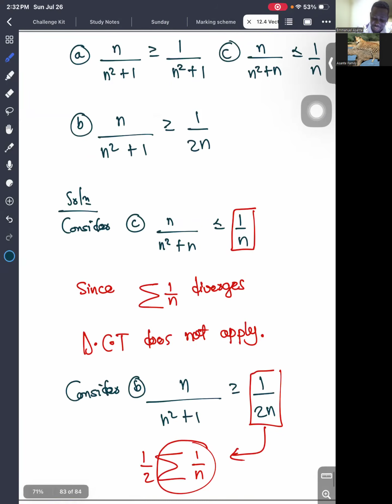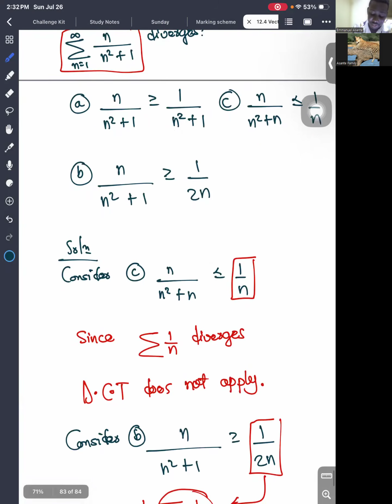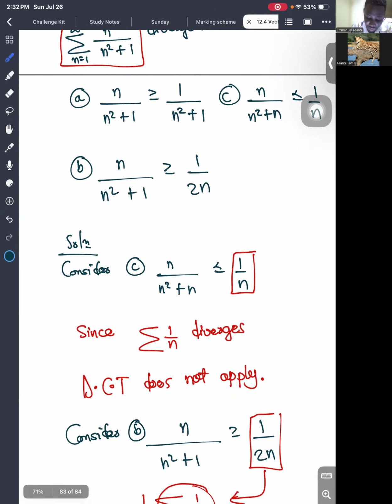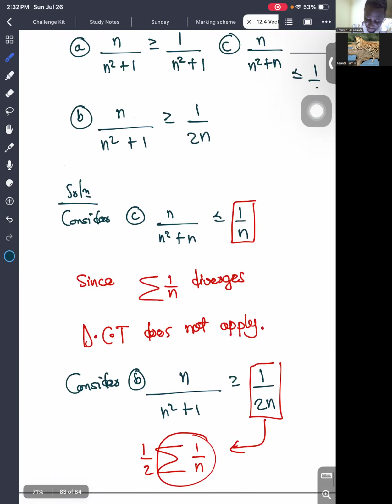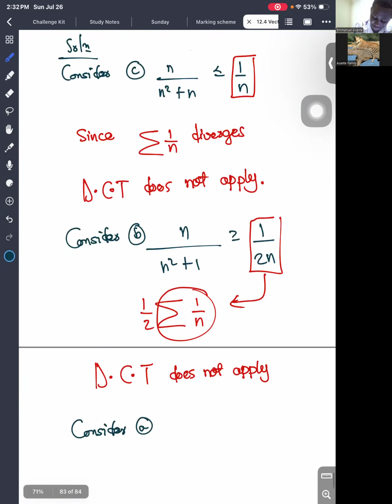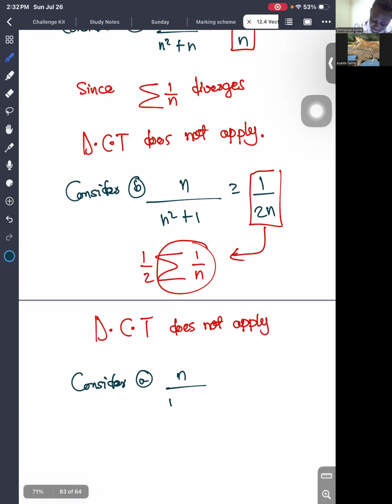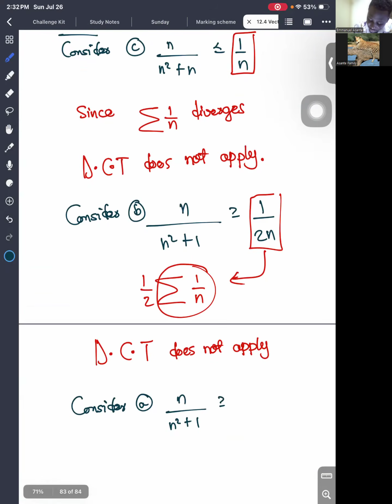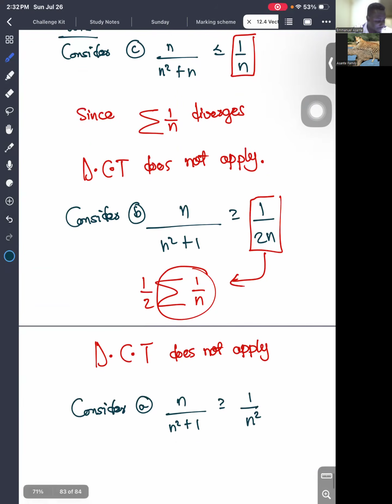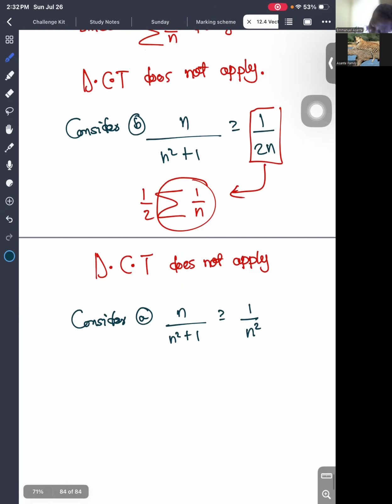We want to make a statement that this diverges. And then A says that n over n squared plus 1 is greater than or equal to 1 over n squared plus 1.